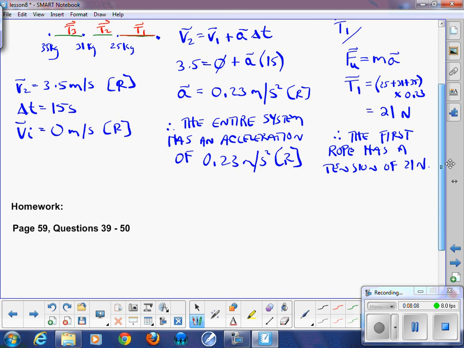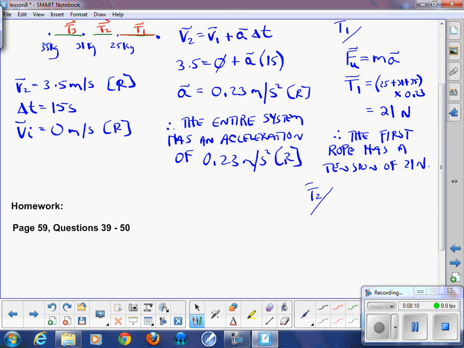Now those 2 subsequent ropes are required to pull less and less. When we look at the second rope in my diagram, same idea, we're starting with Fu equals ma. I know that the acceleration is still 0.23. Everyone has to be accelerating at the same amount because we're not allowing the ropes to stretch. So what's changing? Well, it's the mass.